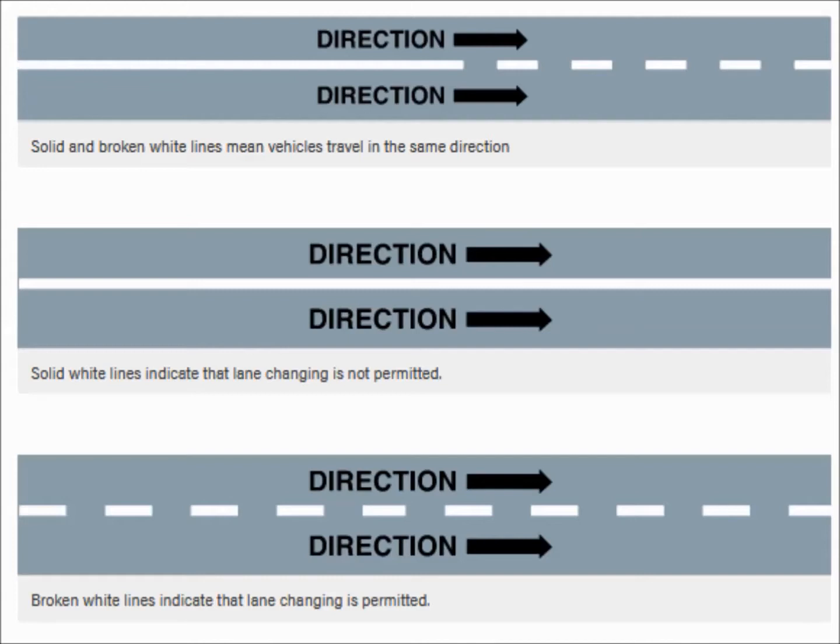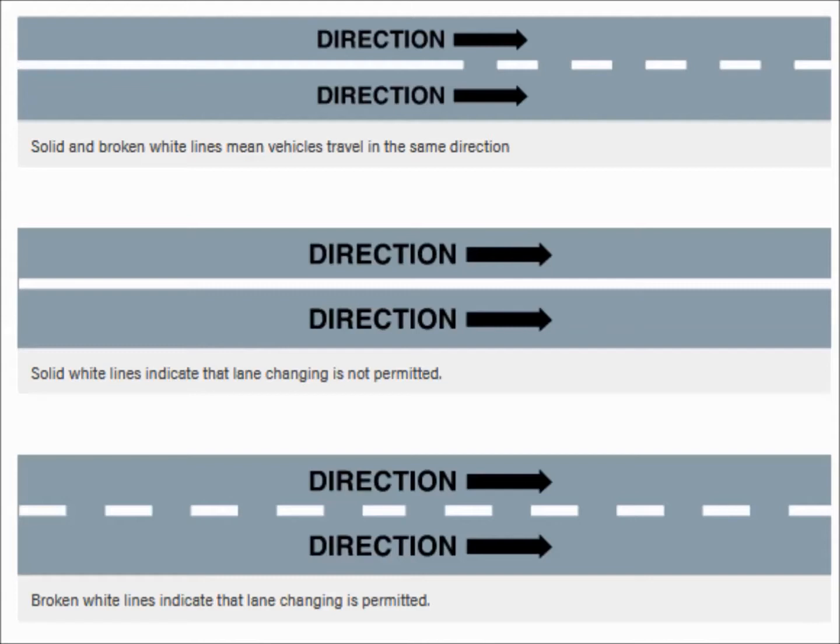End ID. ID. A gray rectangle symbolizing a road. There is a solid white line through the middle. Above and below this white line are the words direction and arrows pointing to the right. End ID. Solid white lines indicate that lane changing is not permitted.